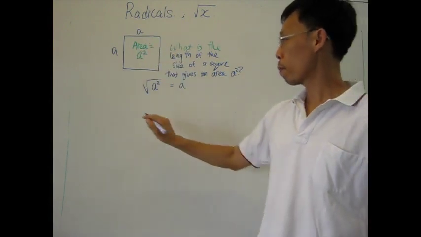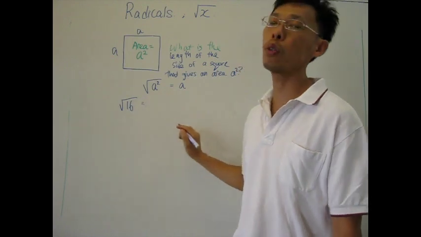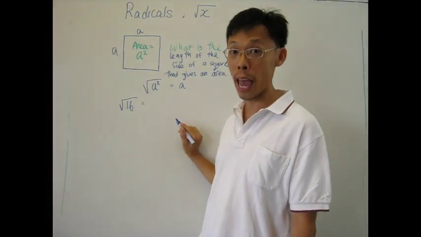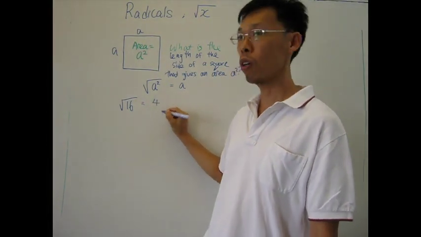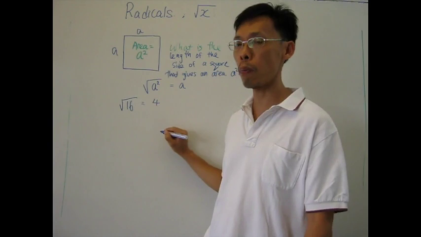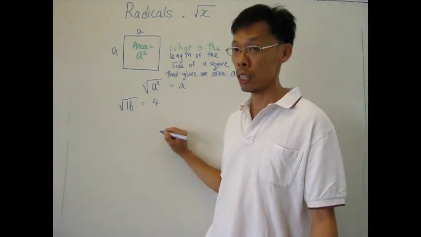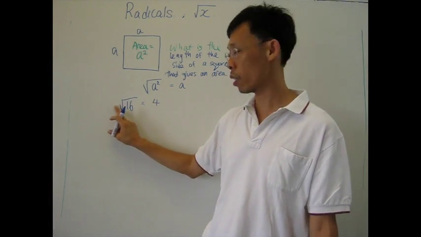So basically this. And if you have a square root of 16, then what do I have to multiply together to get 16? Well, the answer here is 4. Well, you can also say, how about negative 4? That's true. Negative 4 times negative 4 gives you 16 as well. But here, the sign here is plus.